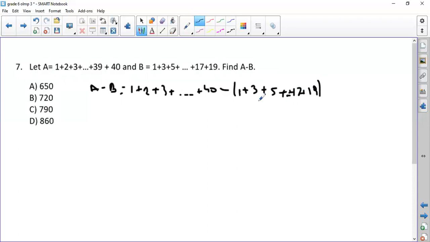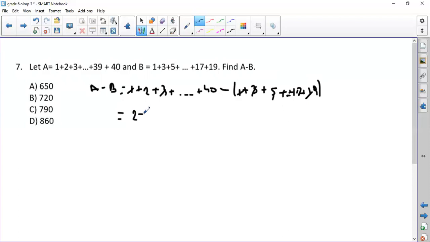Now we have some common numbers, the subtraction of which will give me 0. So 1 minus 1 is 0 if I subtract from here. 3 minus 3 is 0. 5 minus 5 is 0. 17 minus 17 will be 0. 19 minus 19 will be 0. So until 20, I have taken out all the odd numbers and I will have only the even ones.